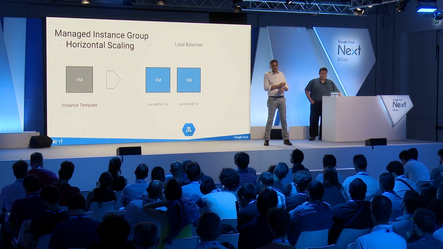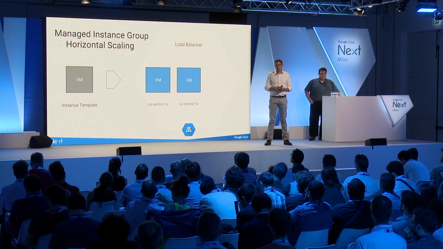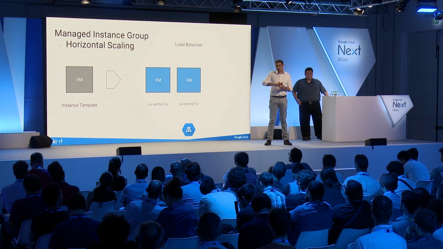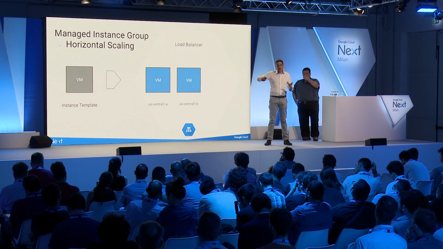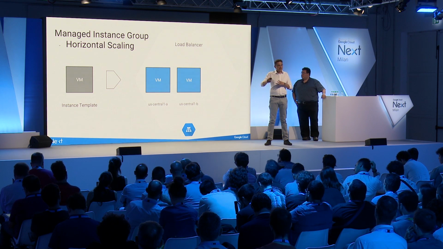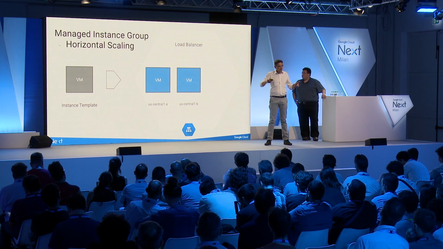You can have a regional managed instance group, where you deploy the instances across different zones in the same region, and you have a load balancer spreading traffic between them.